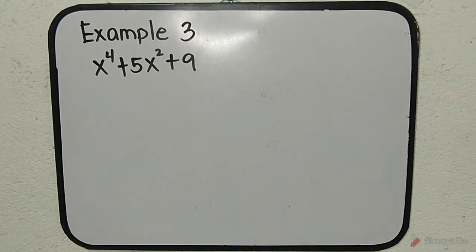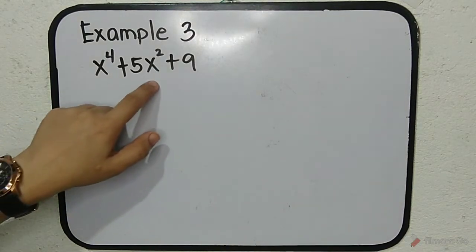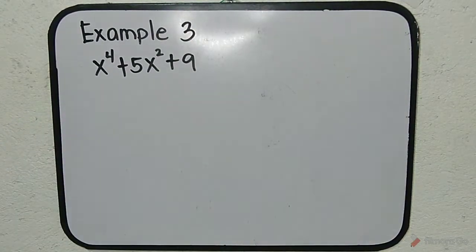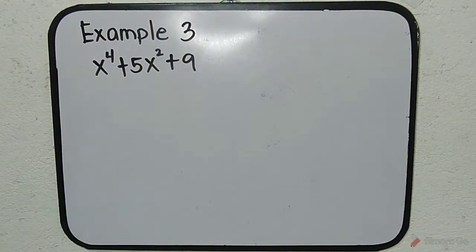For our example number 3, we have x to the fourth plus 5x squared plus 9. So, observe ulit natin ang ating given polynomial. So, ano ba ang dapat nasa middle term natin para masabi natin na perfect square trinomial?